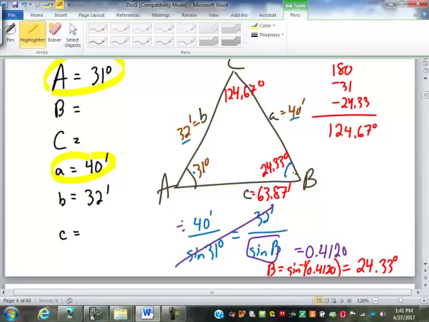Again, before we move on to another problem, does this answer make sense? Biggest angle, opposite biggest side. Smallest angle, opposite smallest side. So yeah, nothing obviously wrong here.